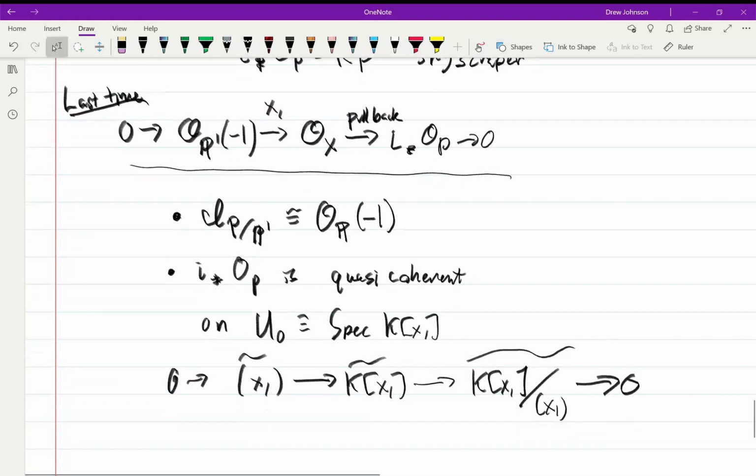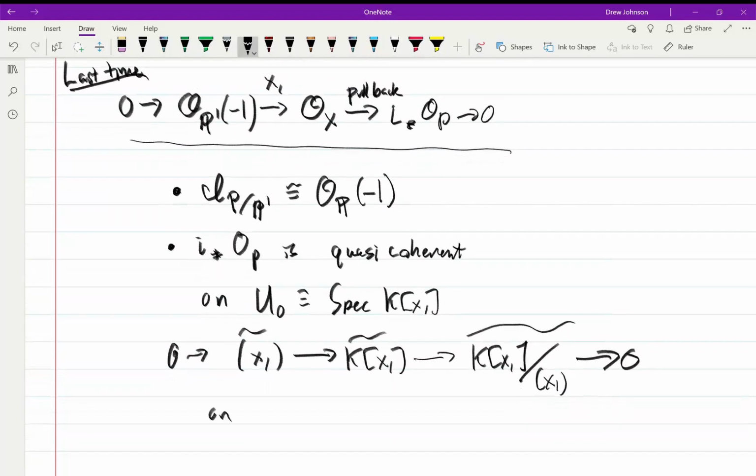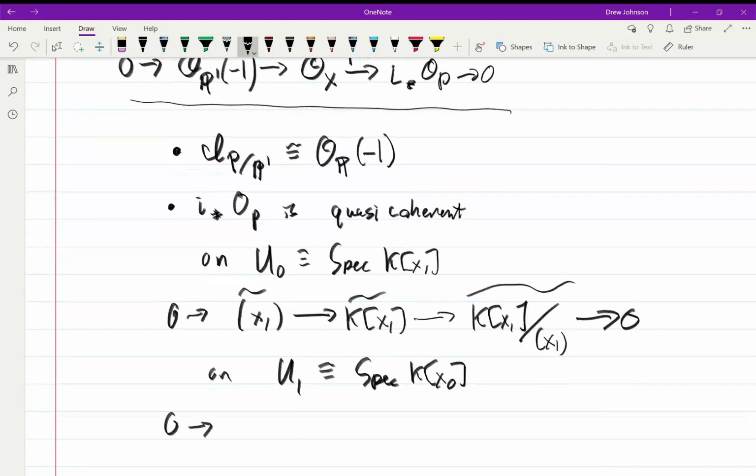Okay, and then of course on U1, this just becomes this.